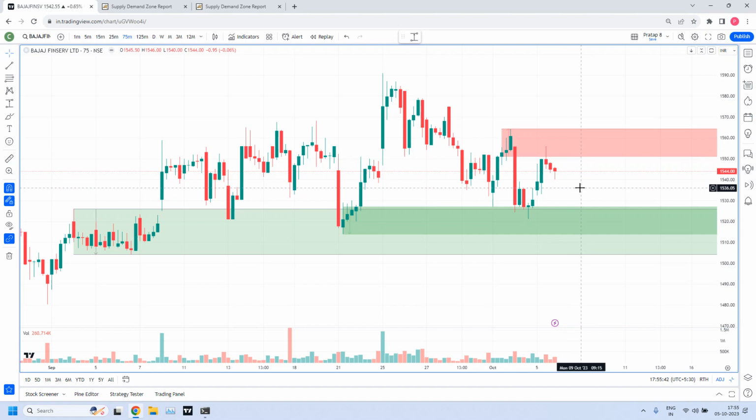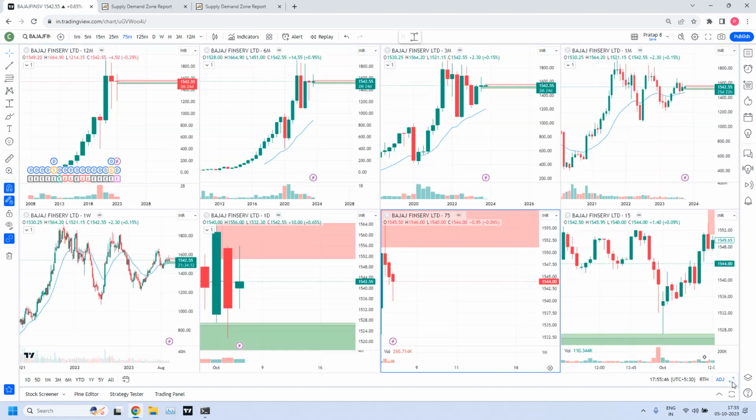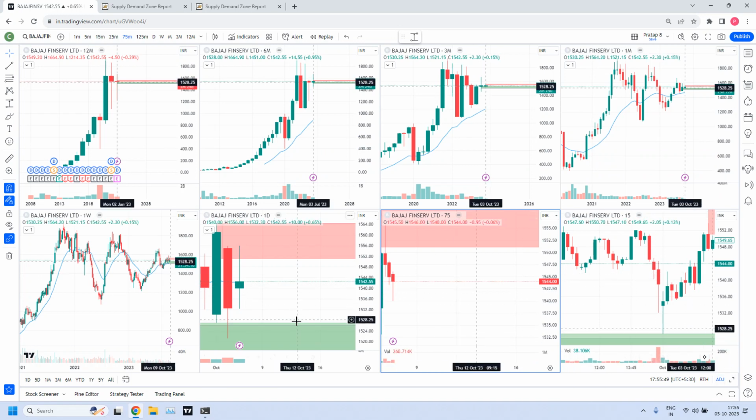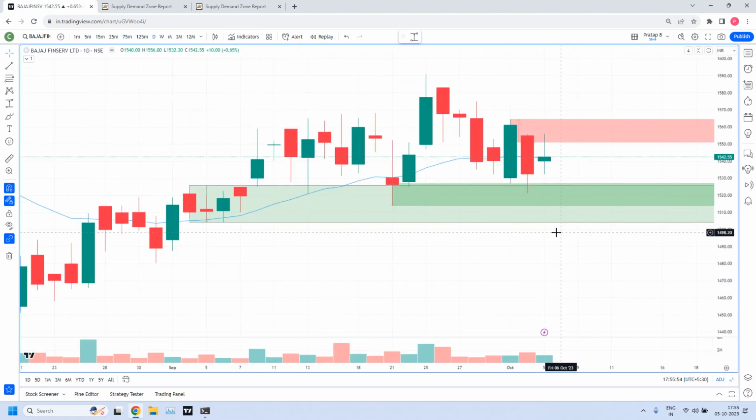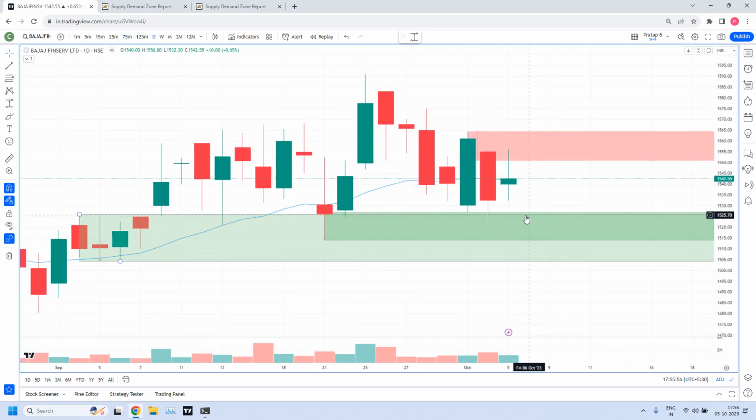But the point you need to understand is, why did we miss this trade yesterday? The reason is we are looking for stocks near demand and supply zones. So yesterday it had already tested and closed near the demand zone.